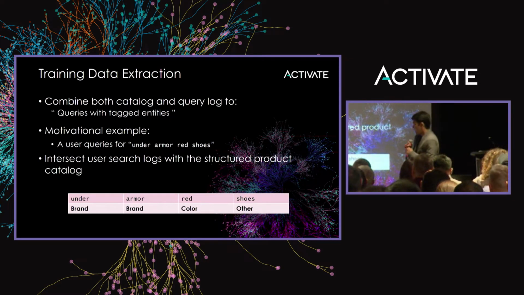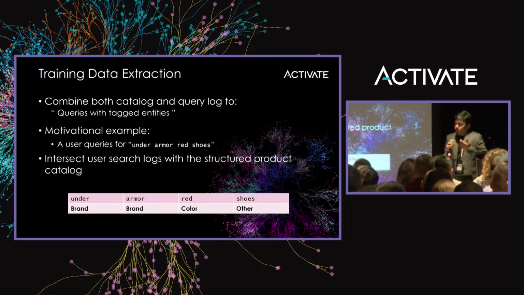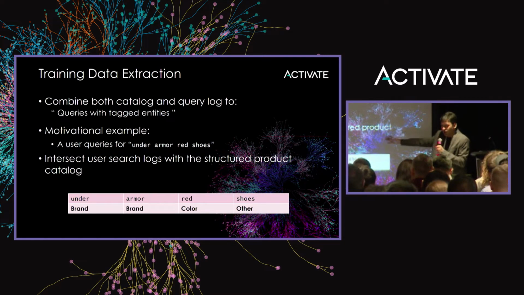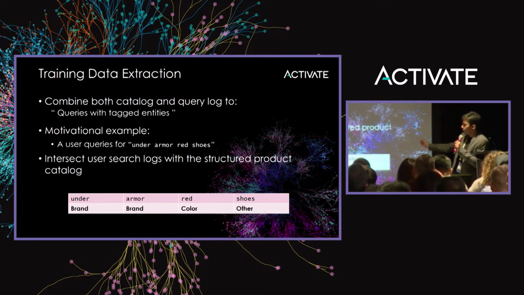Let's say a query is performed by a user: Under Armour red shoes. Out of the results that have been provided, mostly users would go ahead and click products which belong to the brand Under Armour, and similarly, they would click products which are red in color.